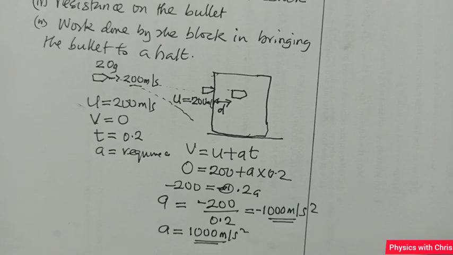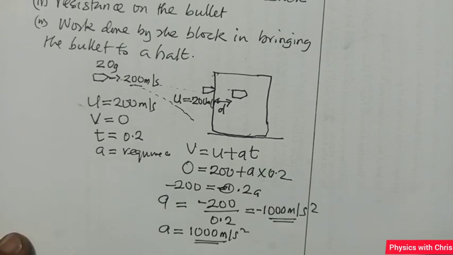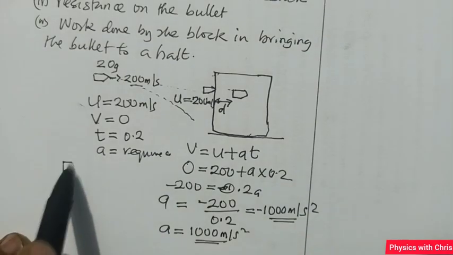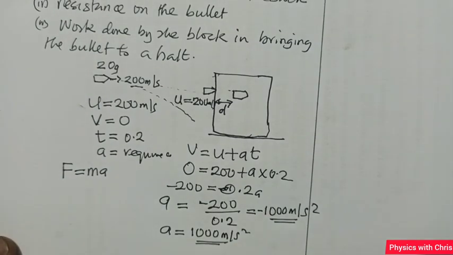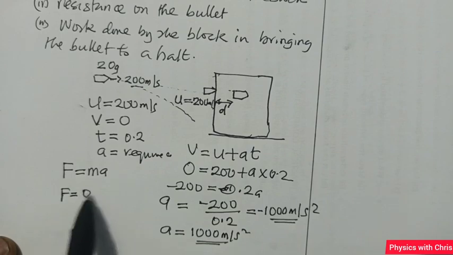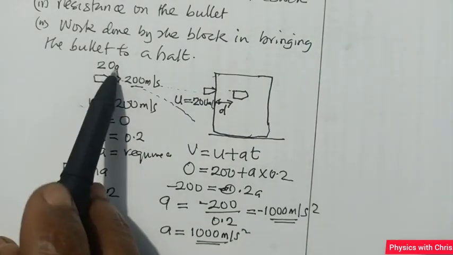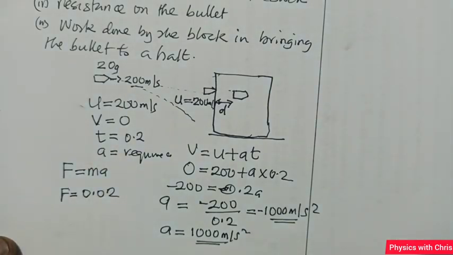Now, the next one, you calculate the resistance that is offered by the block to bring this bullet to rest, to stop it. Now, the resistive force F is going to be equal to mass times deceleration according to Newton's second law of motion. So for that resistive force, the mass of the bullet is 0.02 kg because 20 grams is converted to kilograms by dividing by 1000.